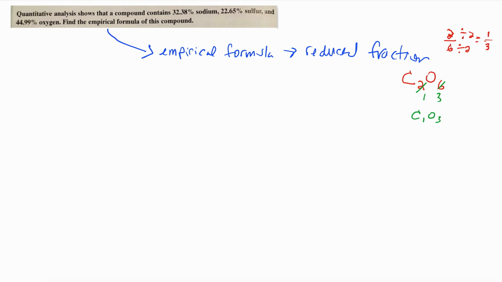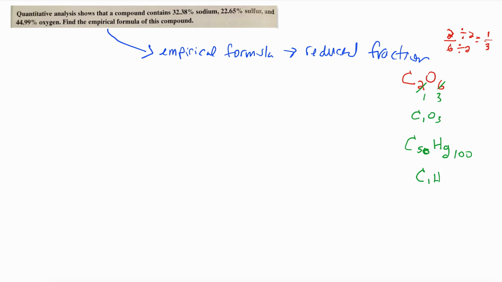Does that make sense? So what's the empirical formula for C50? I don't know, I'll just make something up. HG 100. Perfect.